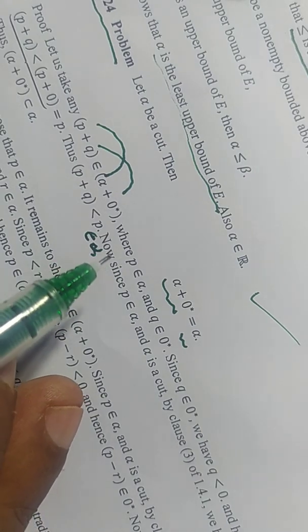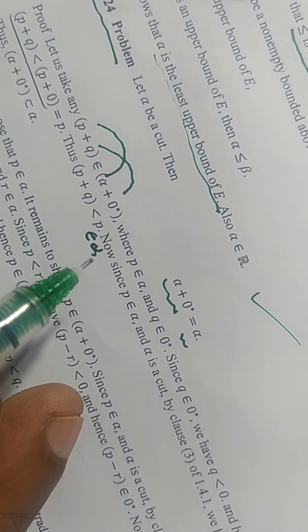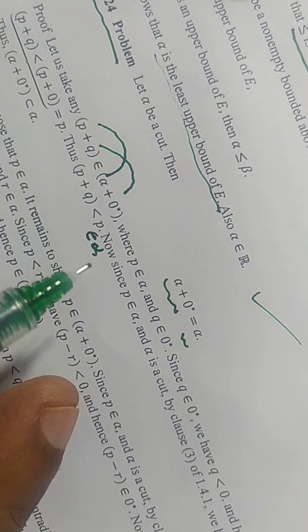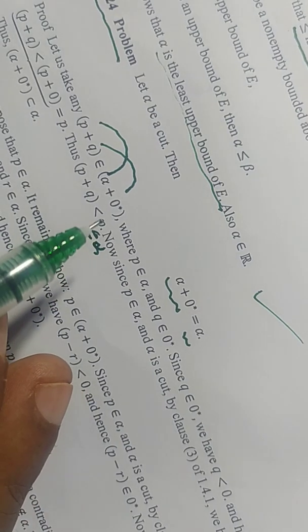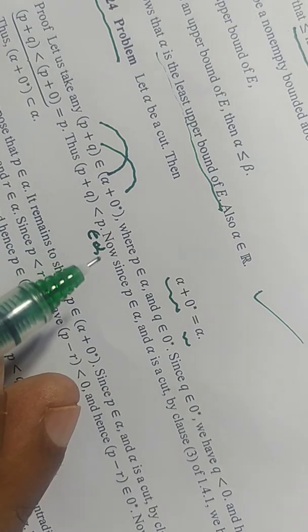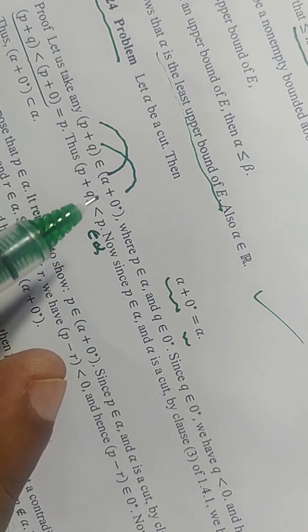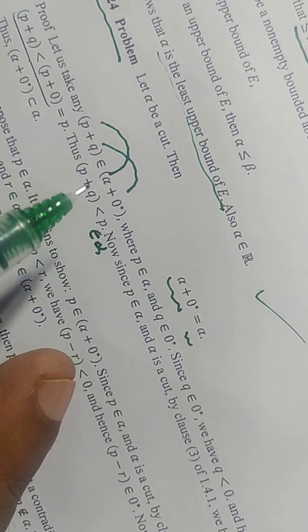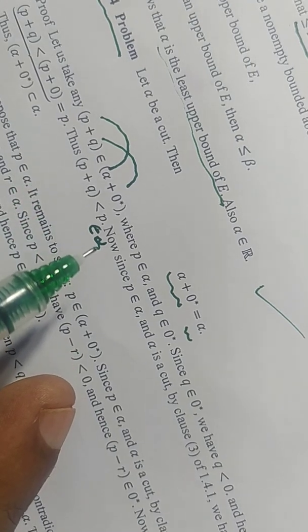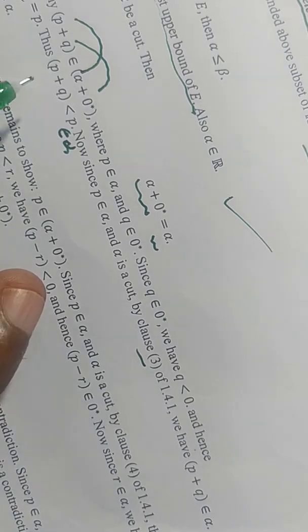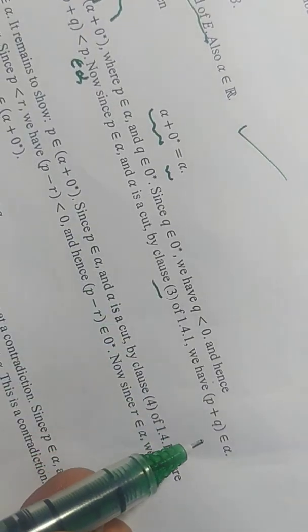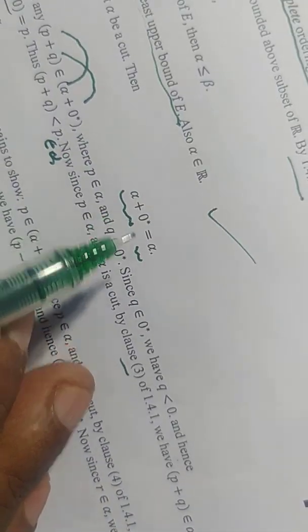So we can apply property number 3 of a cut. This says that anything which is a member of alpha, and anything which is smaller than it, is also a member of this set. Applying this clause, we have shown that P plus Q belongs to alpha, and that was to be proved.